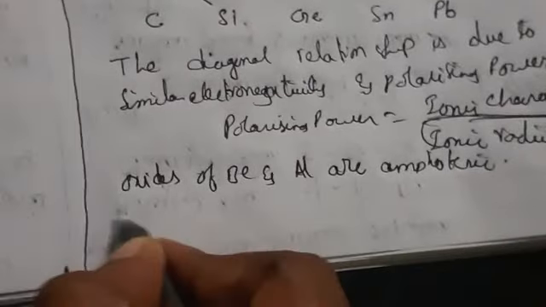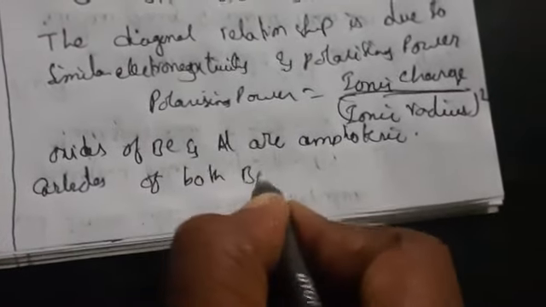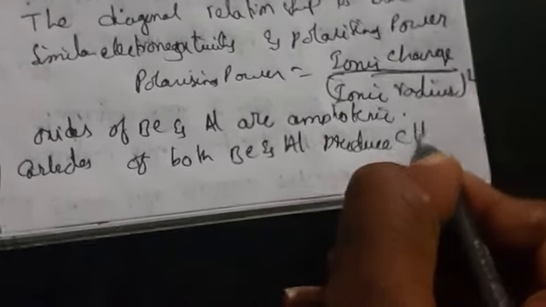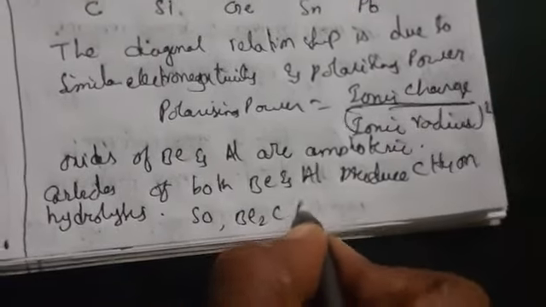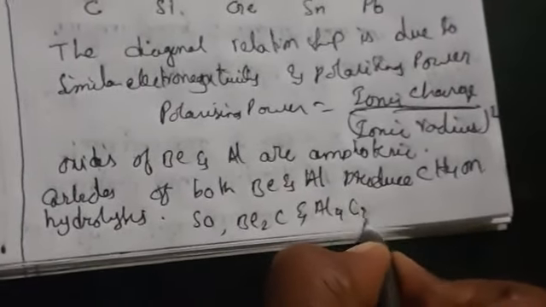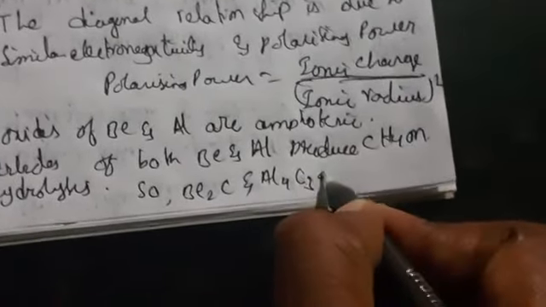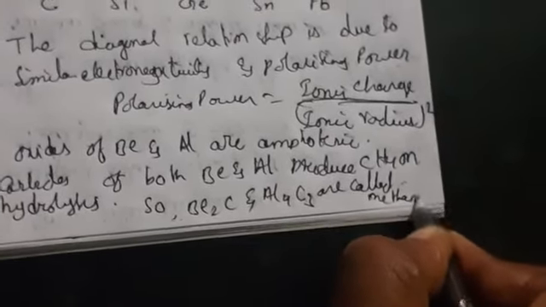Also, carbides of both Be and Al, Be2C and Al4C3, produce CH4 on hydrolysis. Wherever carbon is present, we call it a carbide. These are called methanoids. This is important for a 2 marks question.